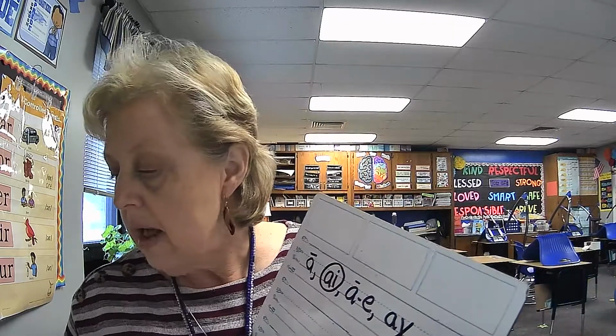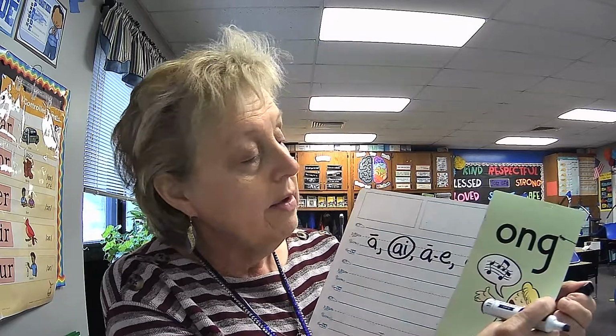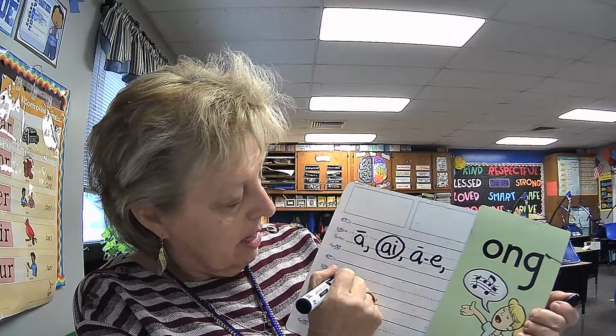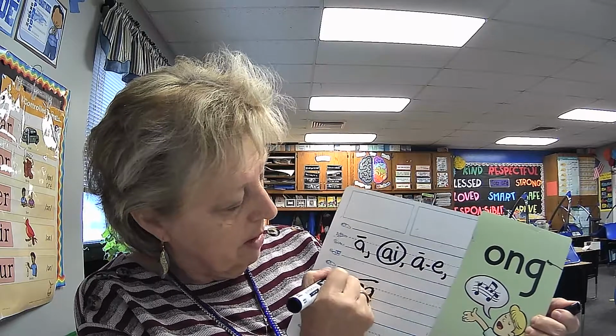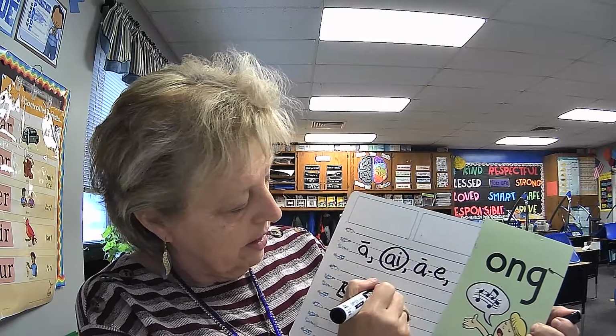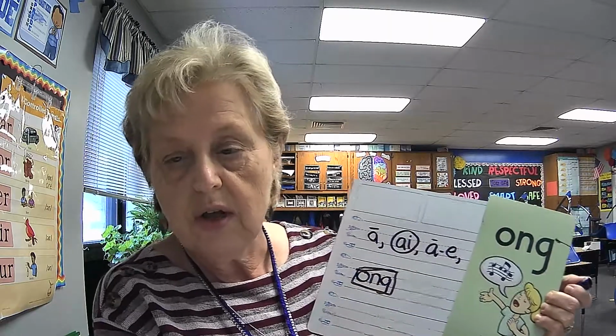All right, now while we're at it, let's go ahead and do a few glued sounds. Echo me. O-N-G, song, ong. Okay, let's write O-N-G. And you would put the box around it. It's kind of a funky looking box.